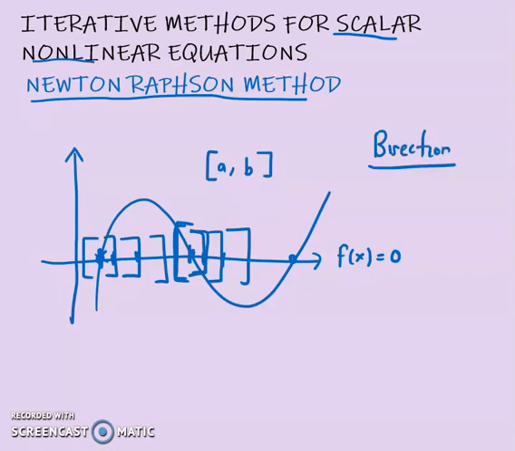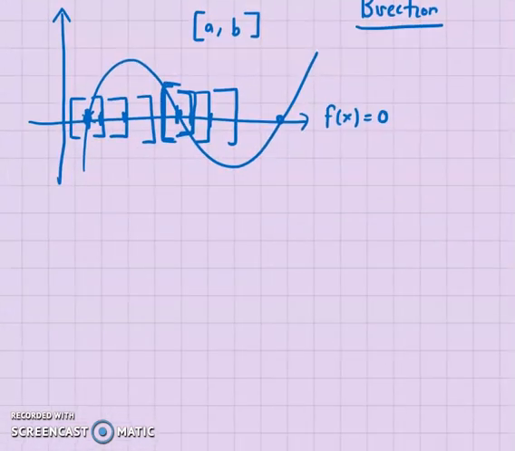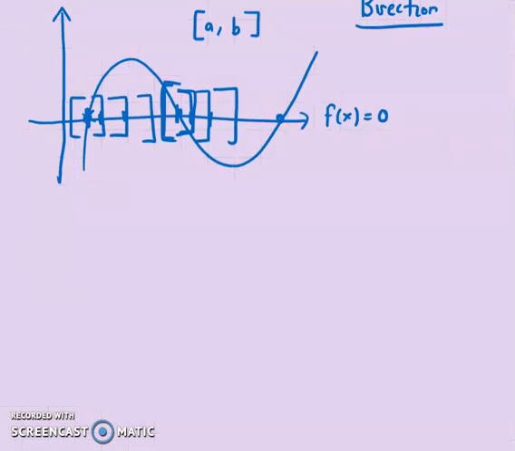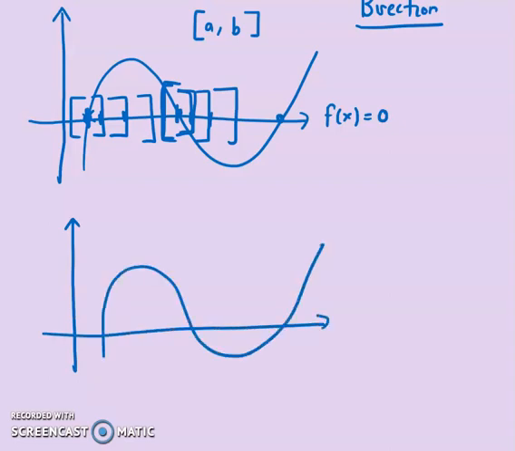Now, the secant method. Let's say I have the same graph, and I want to find the root here. The secant method uses a secant line for the given interval.